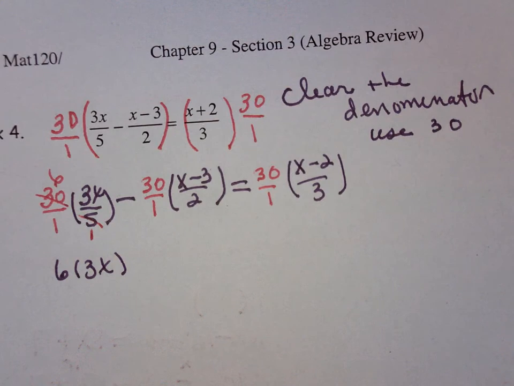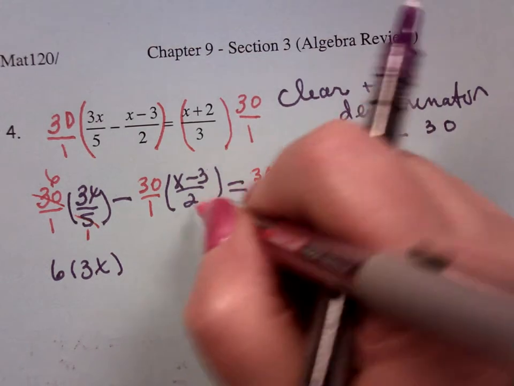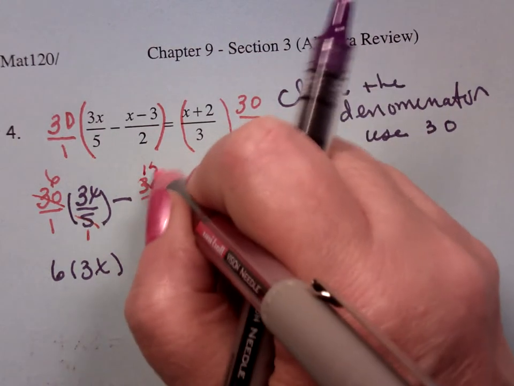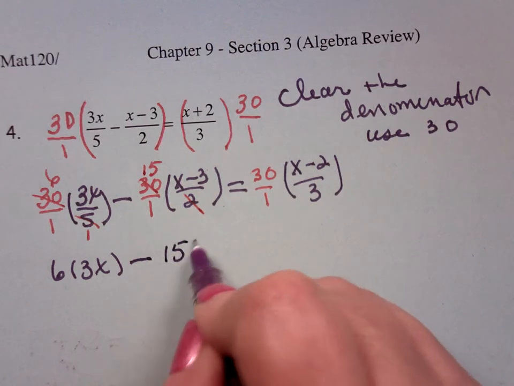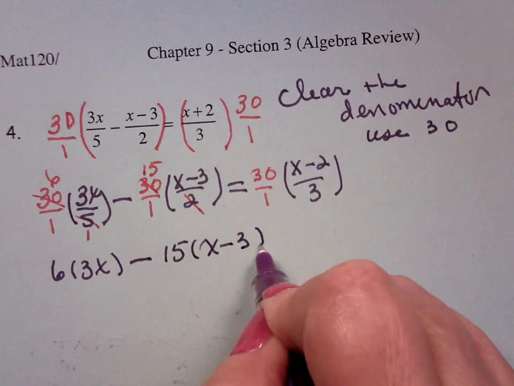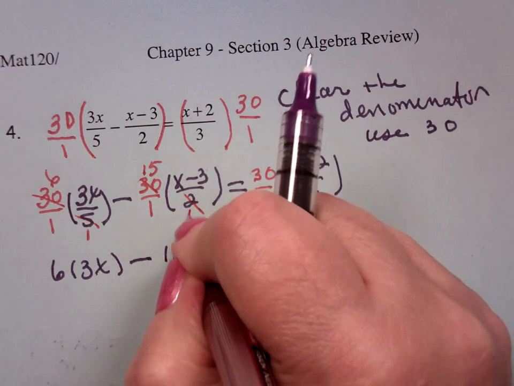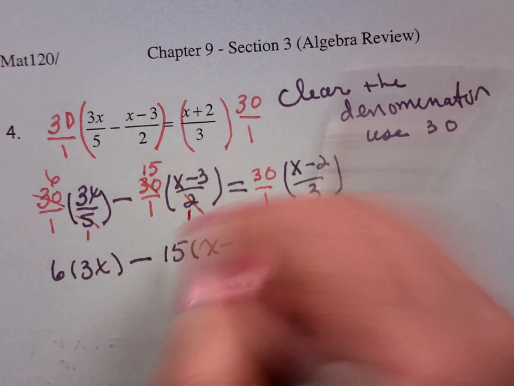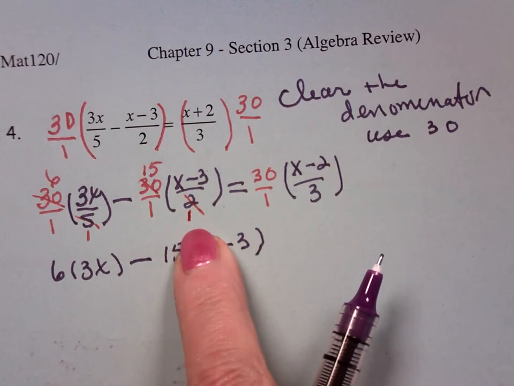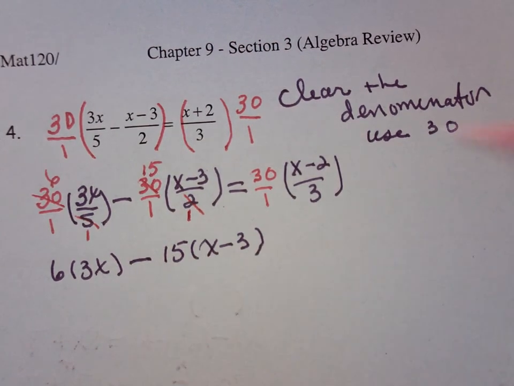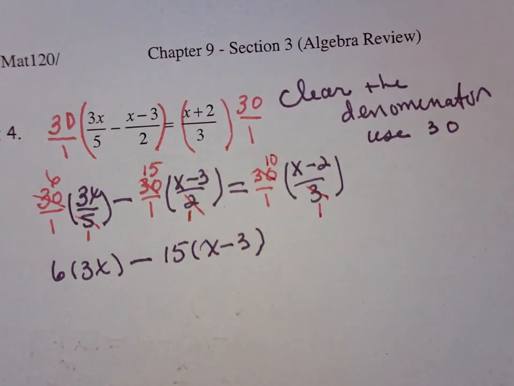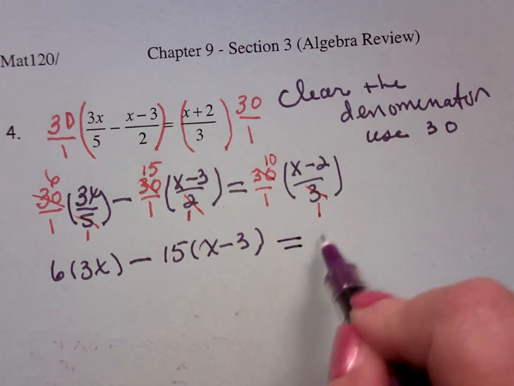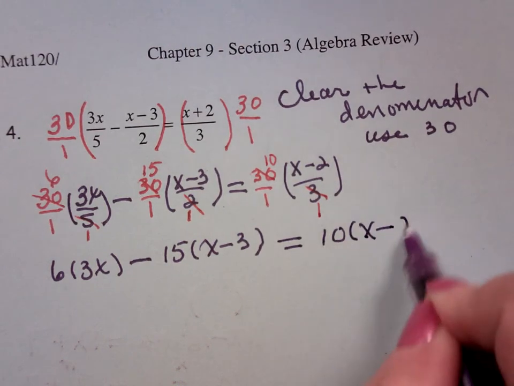And the 1 denominator means the denominator is gone. 2 divides 30 15 times, so this becomes subtract 15 times x minus 3, because 2 divides 2 once, divides 30 15 times, that denominator becomes a 1. And then 3 divides 30 10 times, and 3 divides 3 once, denominator is again gone. This is 10 times x minus 2.